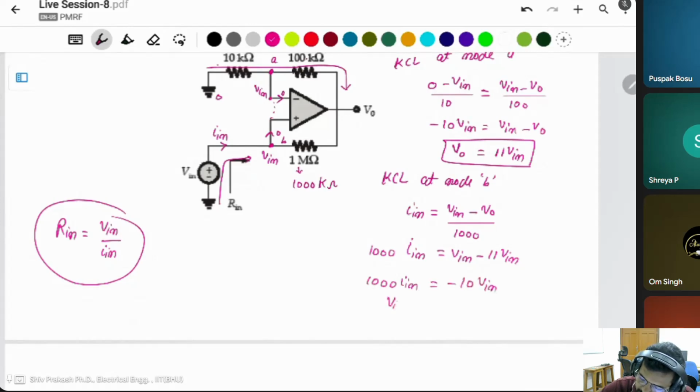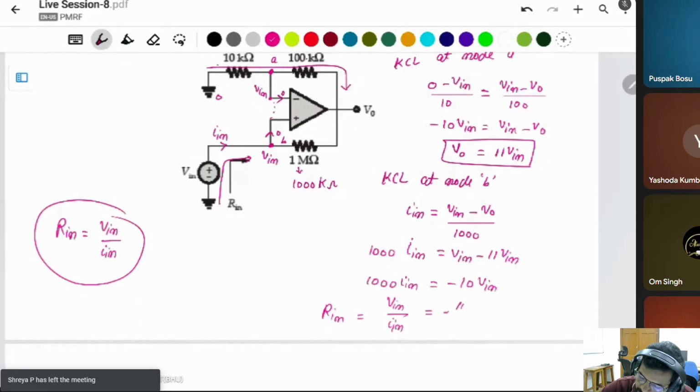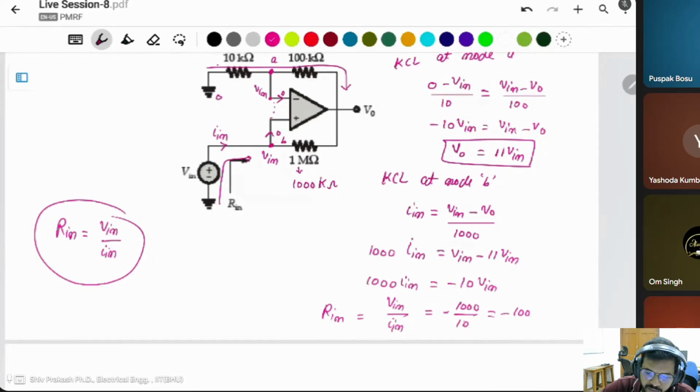Then what is Vin by Iin? It is equal to minus 1000 divided by 10, which is minus 100K.